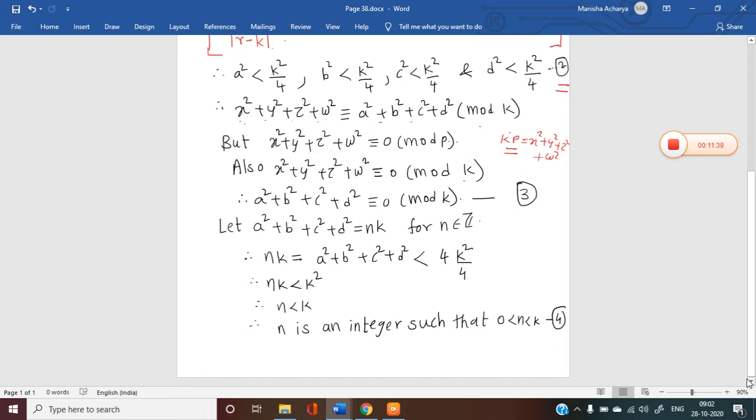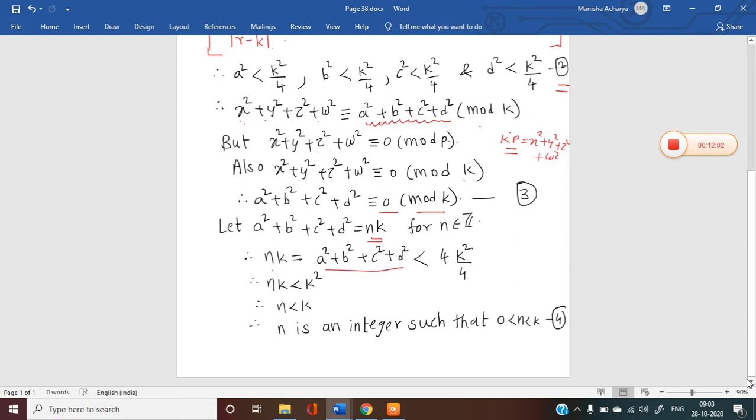And therefore a square plus b square plus c square plus d square is congruent to 0 modulo k. That means this sum is divisible by k. So let it equal nk. That means here nk is expressed as a sum of 4 squares.